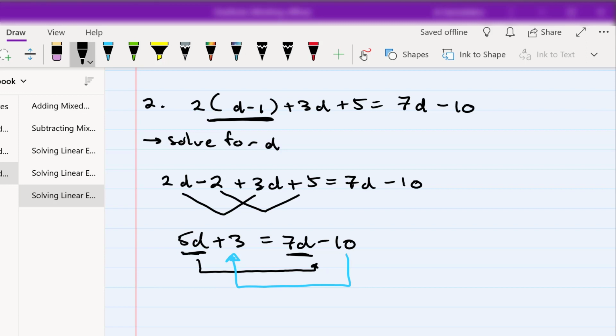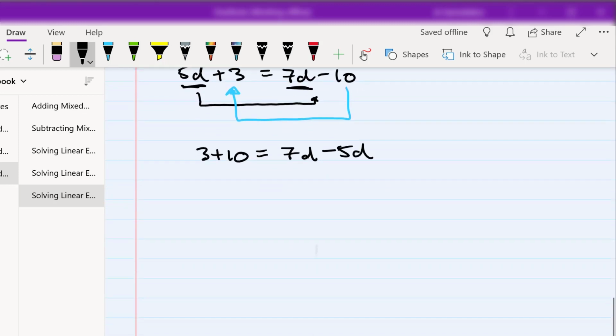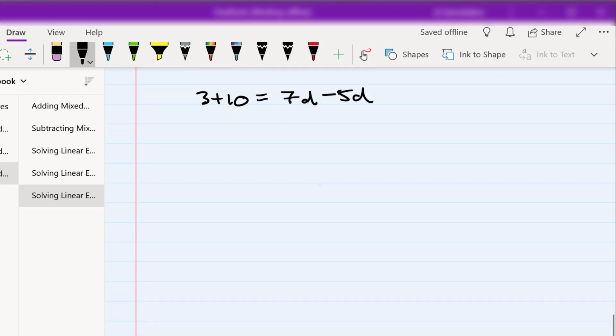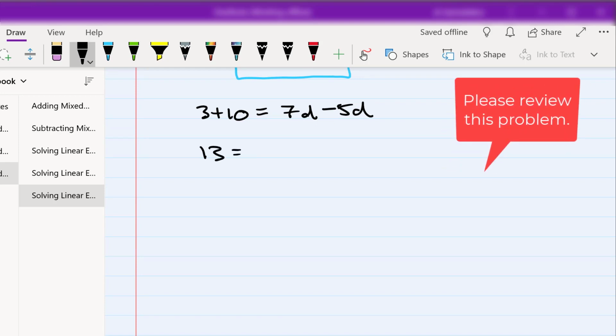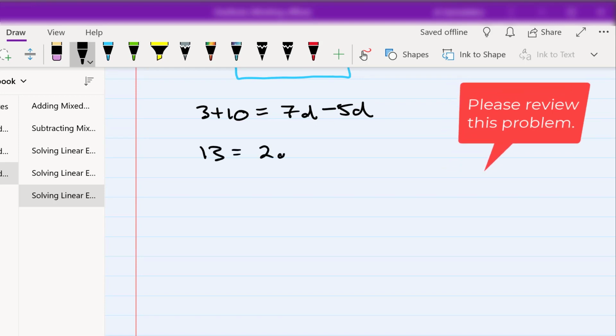So what we have is, moving the minus 10 to the left-hand side, we have 3 plus 10, keeping the 7d on the right side, and moving the 5d to the right side, we have minus 5d. So we have 13 equals 7d minus 5d, that's 2d.